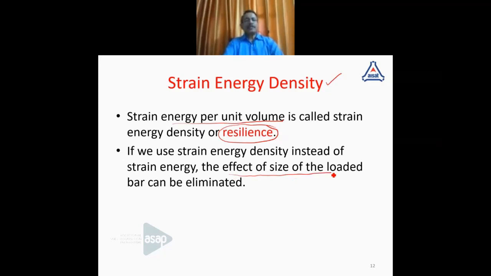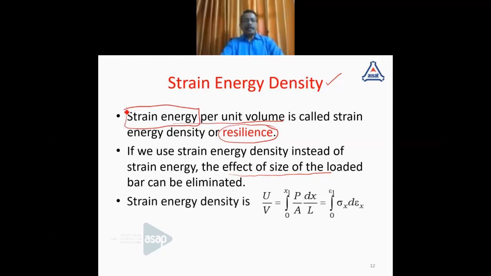Whatever may be the size of the body which is loaded, it does not have any effect on resilience. But if you are taking strain energy alone, the dimension or the size of the body has an effect.